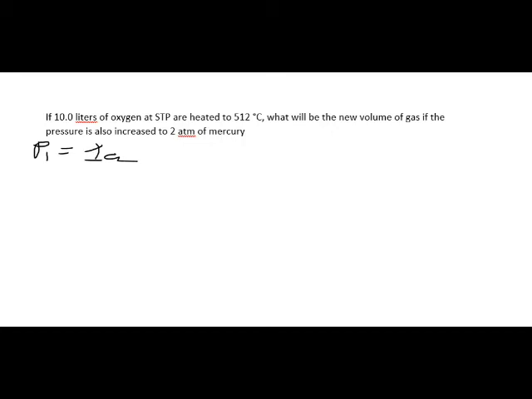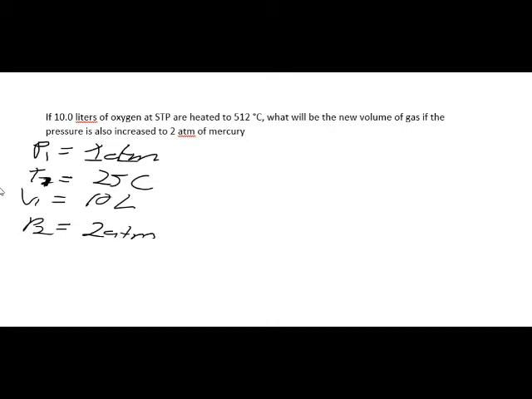That's the standard temperature and pressure, and T1 would be 25 Celsius. V1 would be 10 liters. So P2 would be 2 atm. Temperature would be 500. And V2 is missing.